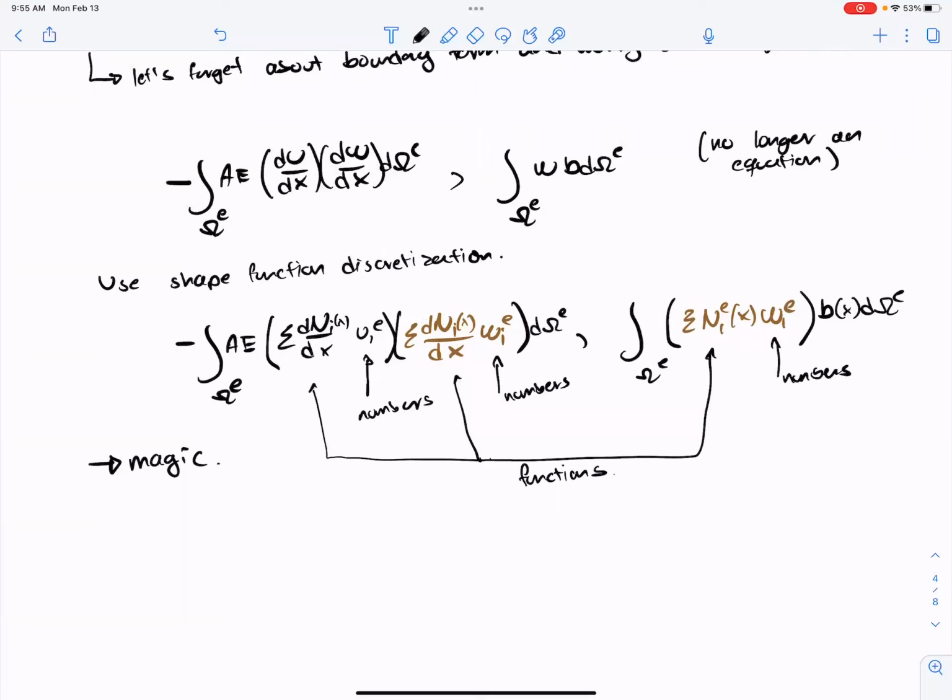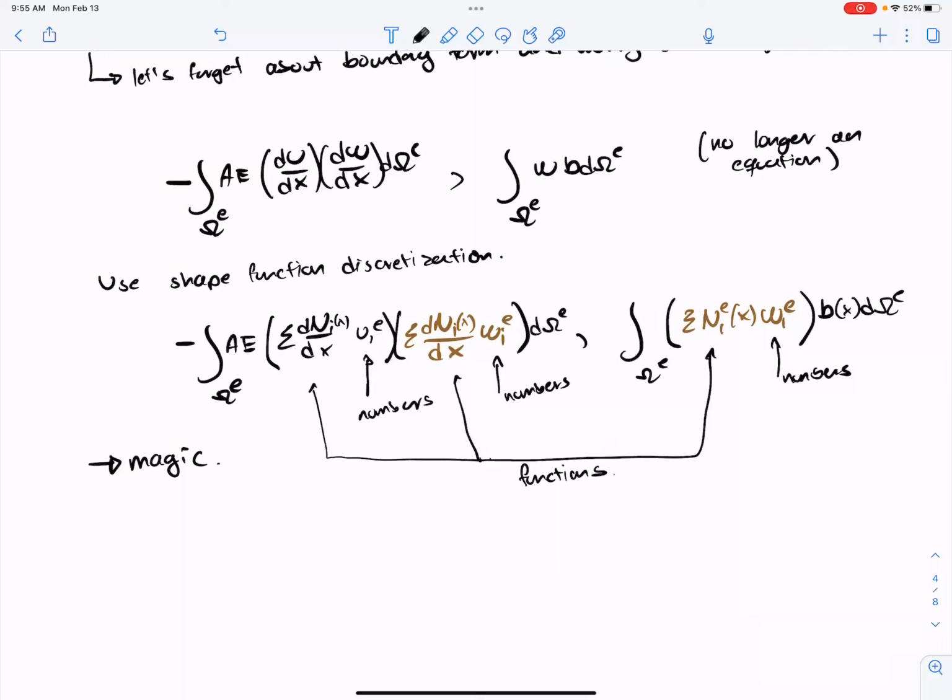So what do you think I can do if I have an integral and I have some numbers? What can I do with those numbers? I can take them out.